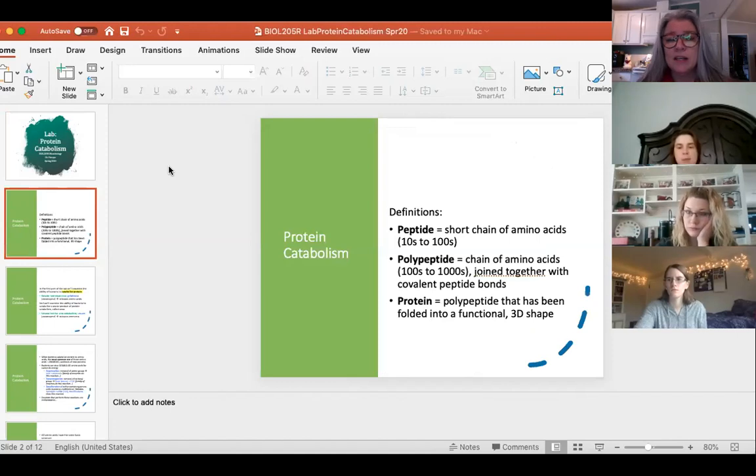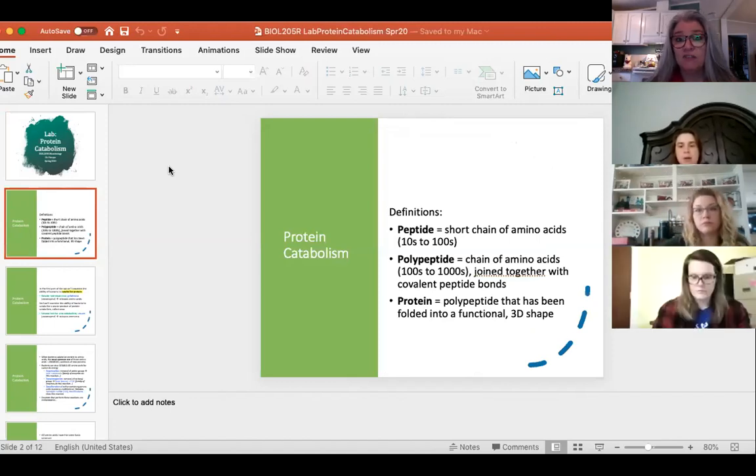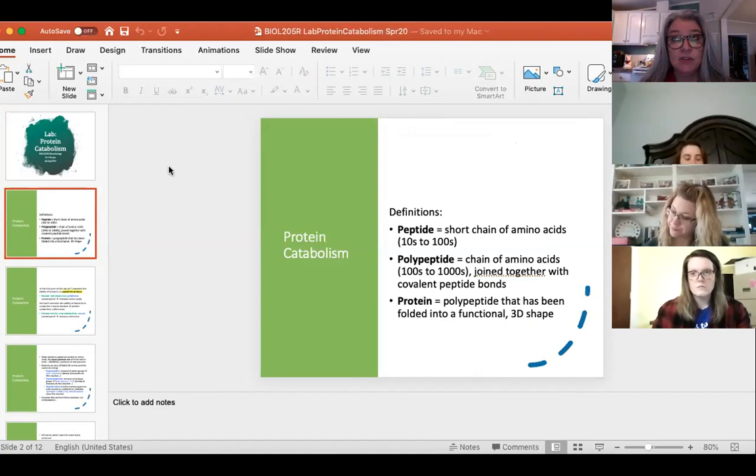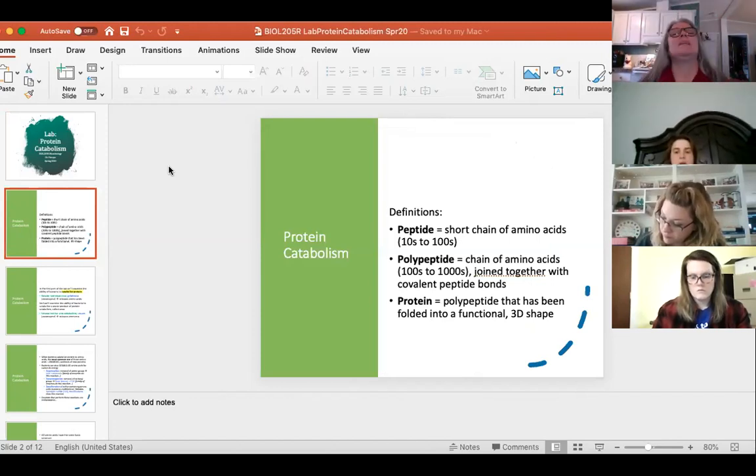Now, we need to nail down a couple of definitions about protein because you hear these words and you'll hear me use these words, and they do actually mean different things. So this word peptide refers to a short chain of amino acids. And by short, I mean somewhere in the neighborhood of tens to hundreds of amino acids.